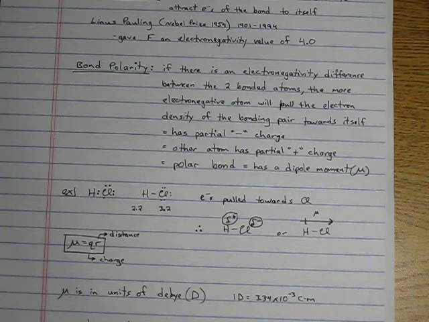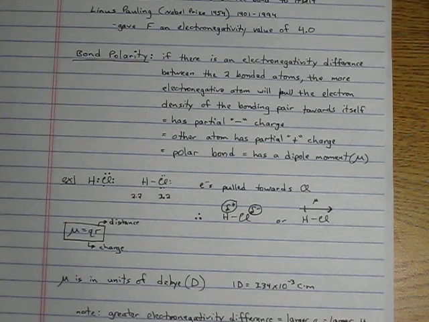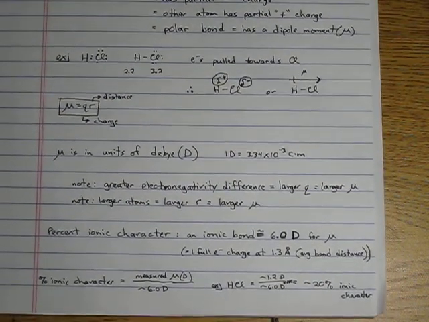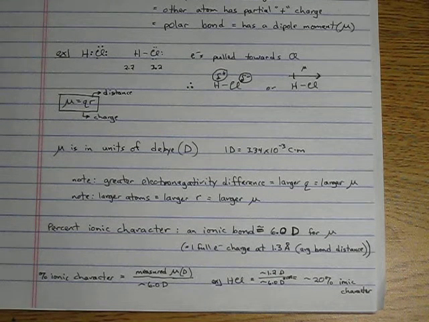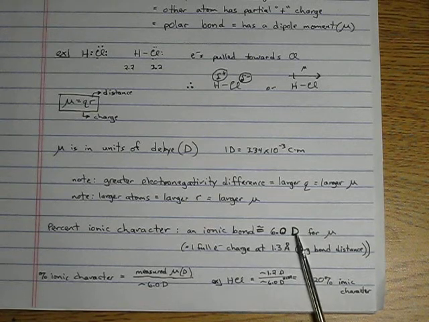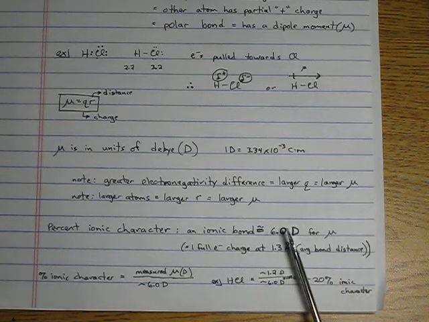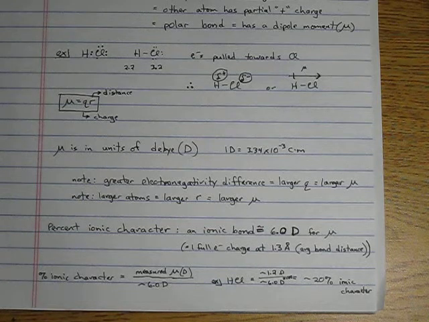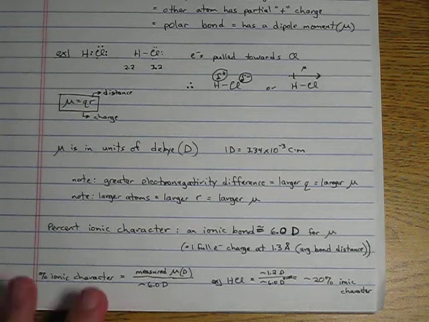And last thing down at the bottom here is percent ionic character. An ionic bond, we give it a rough value of 6.0 debye. What we're saying is if the more electronegative atom completely took the electron away from the less electronegative atom, so we have an ionic compound such as sodium chloride.